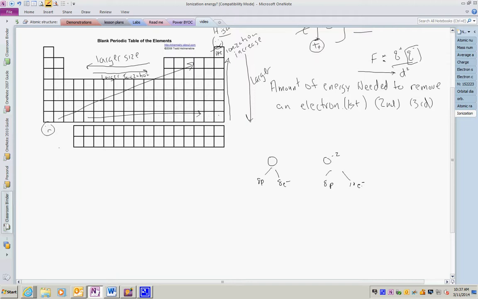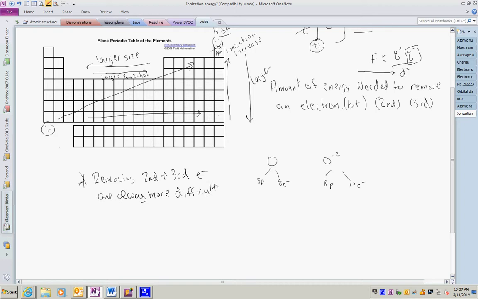Now, as a general rule of thumb, removing second and third electrons is always more difficult.